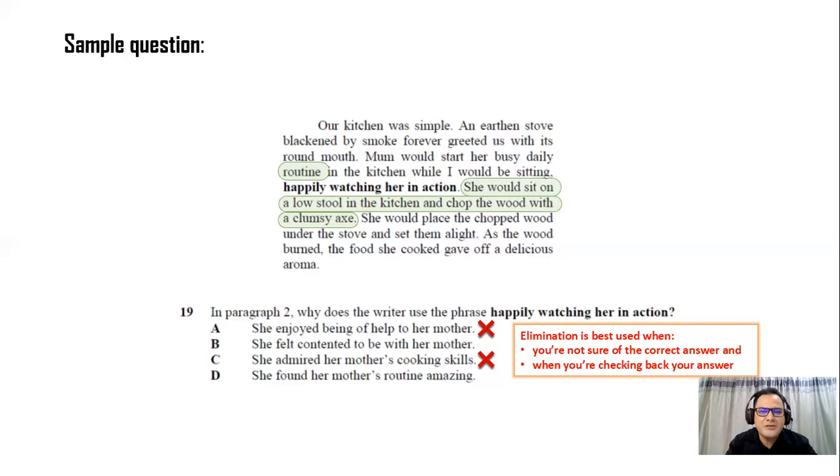For example, she would sit on a low stool in the kitchen and chop the wood with a clumsy axe. And then we have another sentence. She would place the chopped wood under the stove and set them alight. So all of these sentences are describing her mother's routine. So here we can deduce the correct answer, which is D. She found her mother's routine amazing.